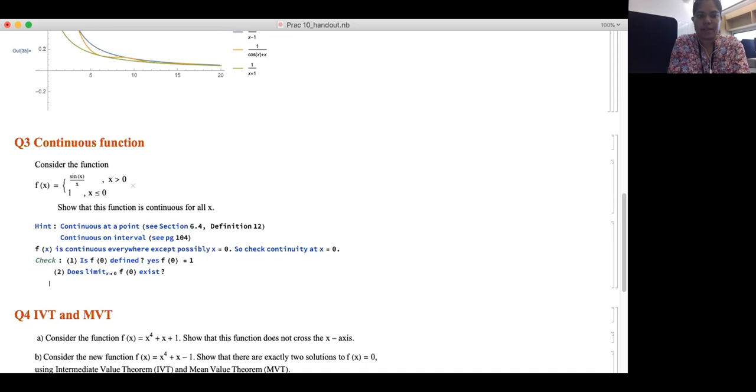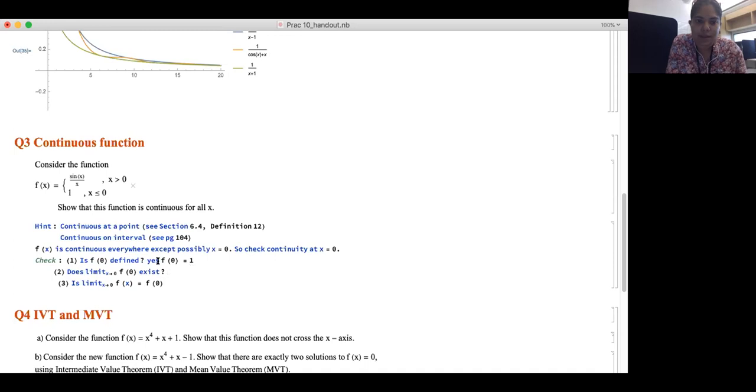Okay, third condition is the limit. Okay, so are these three conditions satisfied? Then f(x) is continuous at x equals 0. f(x) is continuous at x equals 0.